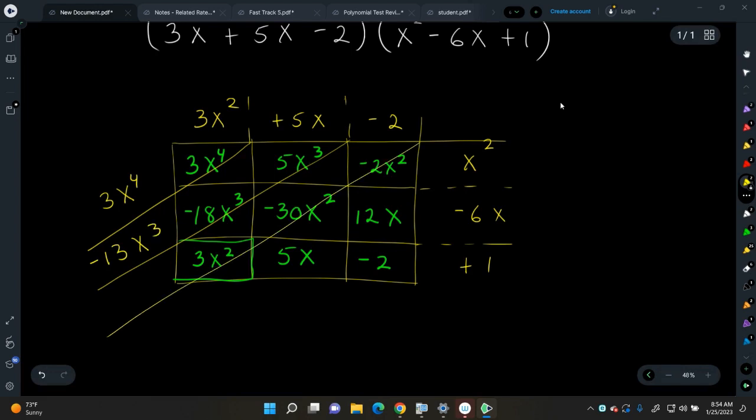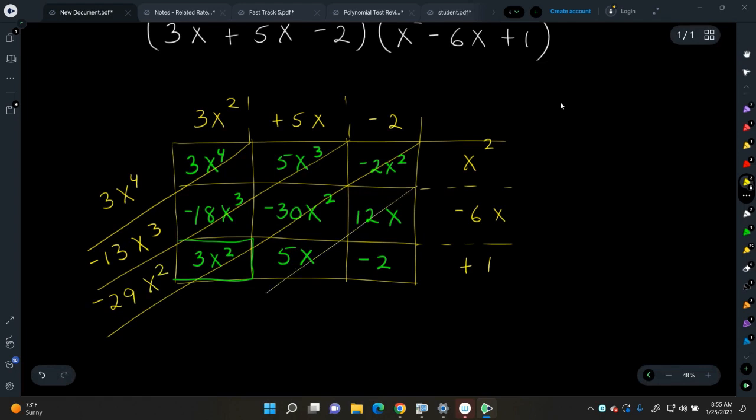The next diagonal, we're going to add them all. So negative 2, negative 30, that gives us negative 32, plus 3. So that's negative 29x squared.